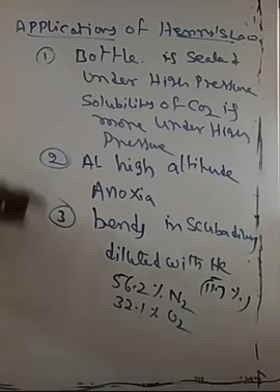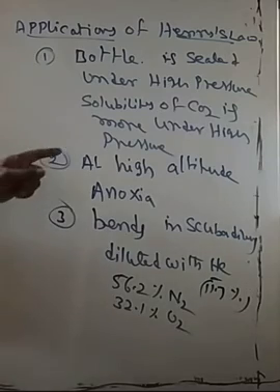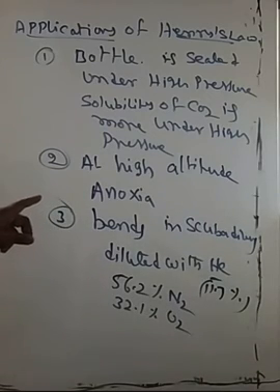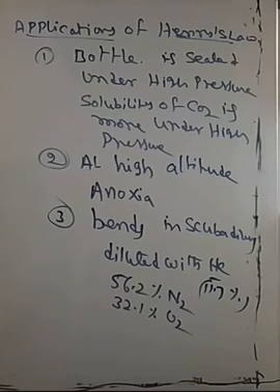What are the applications? First, beverage bottles are sealed under high pressure because the solubility of gas is more under high pressure. Second, at higher altitude, the oxygen available to people is less compared to ground level. Therefore, the concentration of oxygen is less in the blood and tissues of people, so low blood oxygen causes climbers to become weak and unable to think clearly.